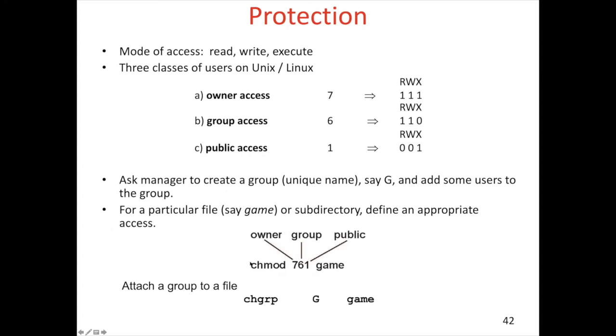So, by the command chmod 761 game, the modes for all the classes are assigned in this way for the file named game. To attach the file game to group G, then chgrp G game can be used.